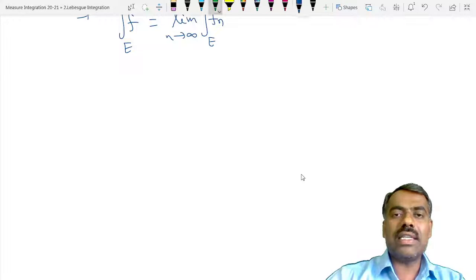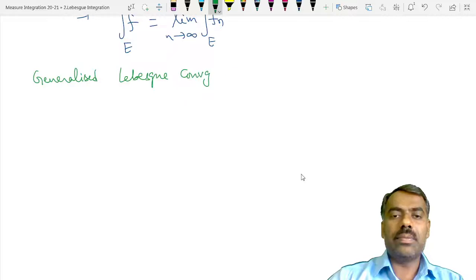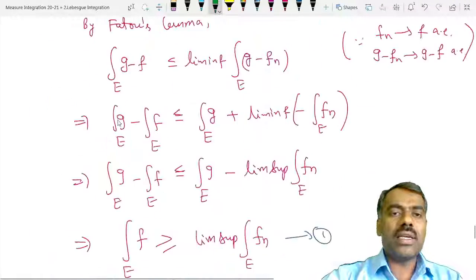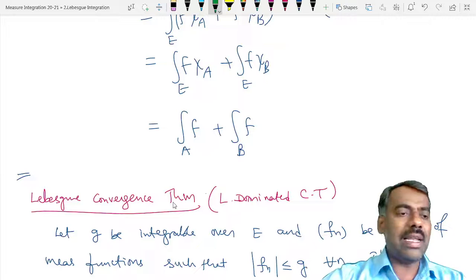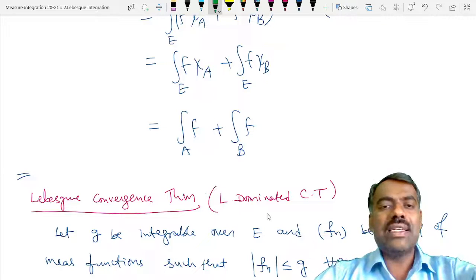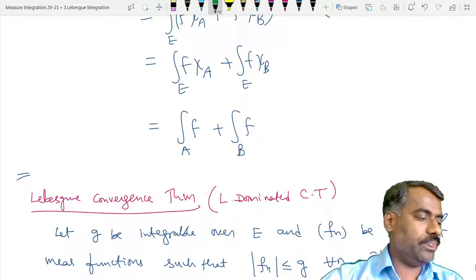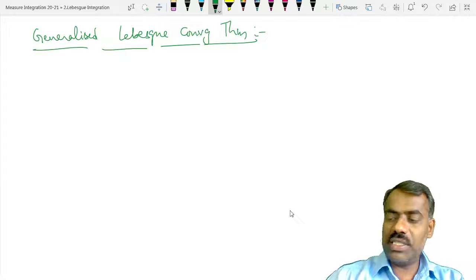So let me state the generalized Lebesgue convergence theorem. That means we can drop that condition that g should be integrable. In place of taking g integrable, we'll replace that by the sequence of measurable functions gn. So this is the statement, and the proof is similar.